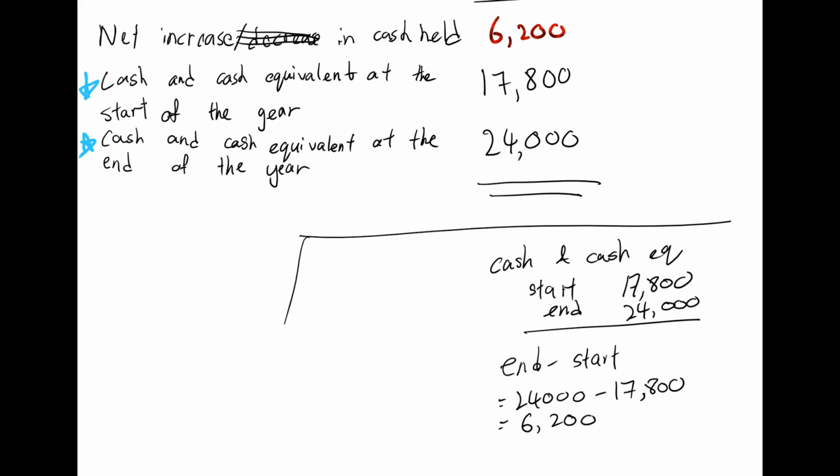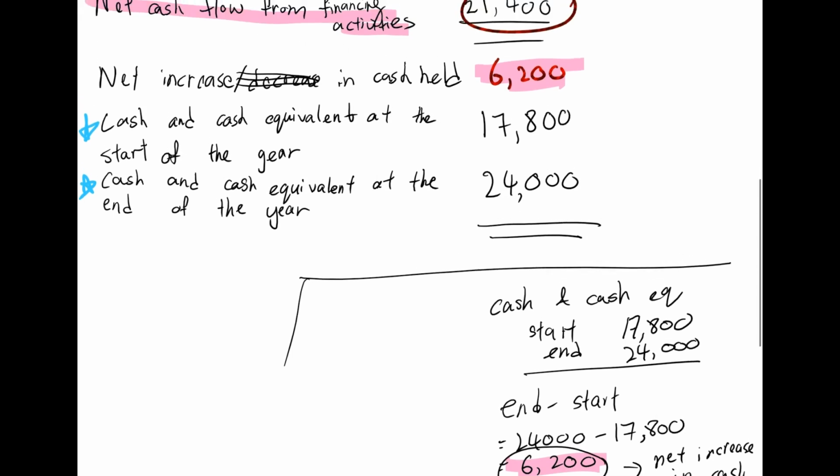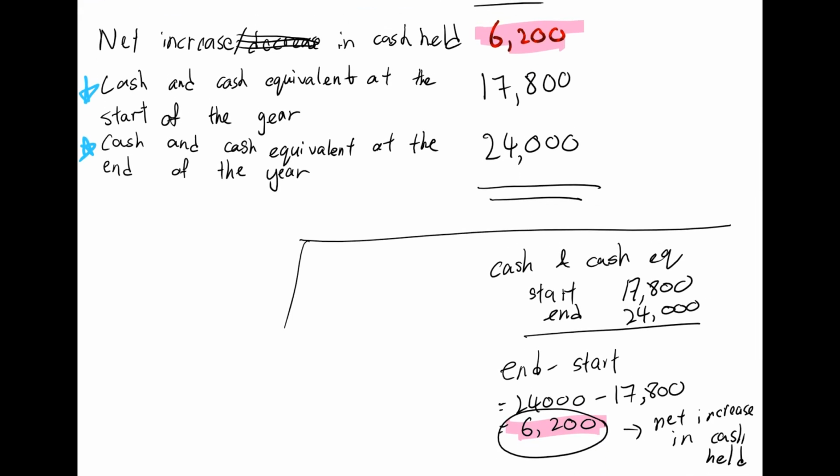And this 6,200 will be the same as your net increase in cash held. Okay, the change in your cash and cash equivalent is 6,200. If you look at your net increase in cash held, which is also 6,200, these two will be the same.